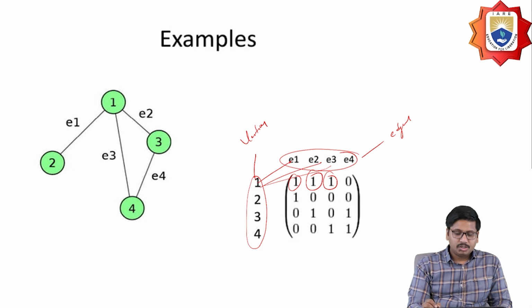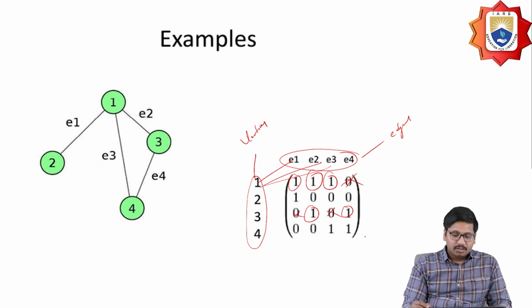And it should be 0 since there is no edge E4 from 1, so that's why it should be 0. And similarly, if I consider 3, I have E2 as 1 and E4 as 1, so remaining all are zeros. So like this, we represent the incidence matrix whenever there is an edge from V to E.